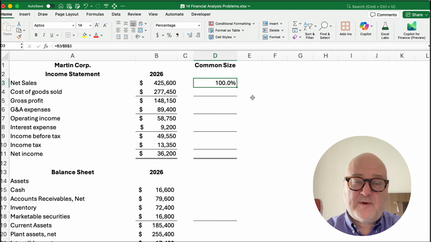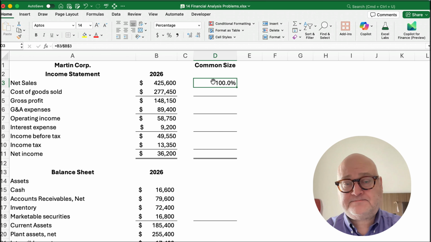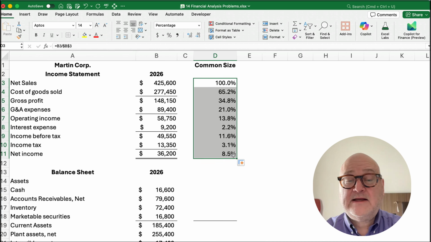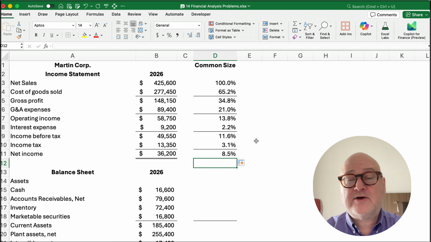So here I've already formatted for percentages. So 425 divided by 425, not very interesting, that's 100%. But it gets interesting if I copy it all down and you see 36 divided by 425 is 8.5%. I need to do this without formatting to preserve the lines here and the underlines.